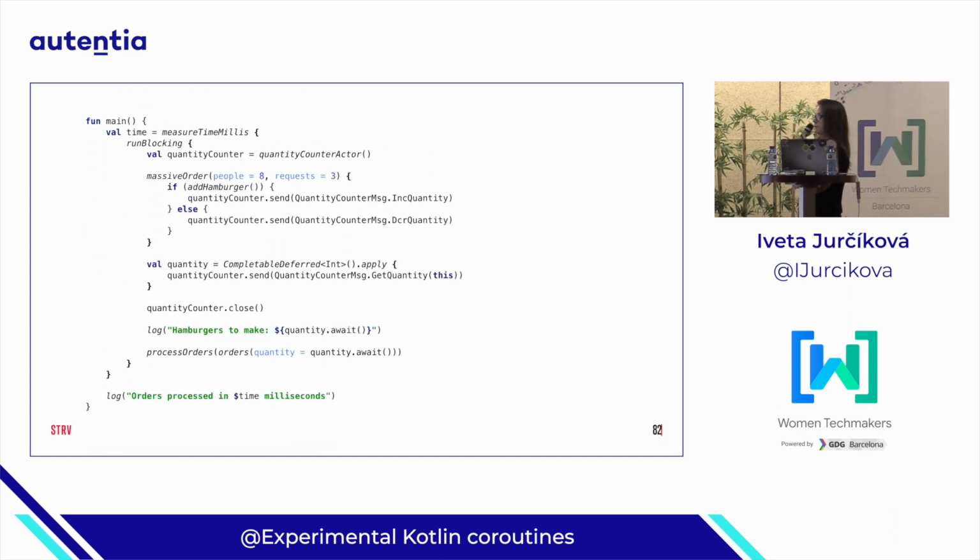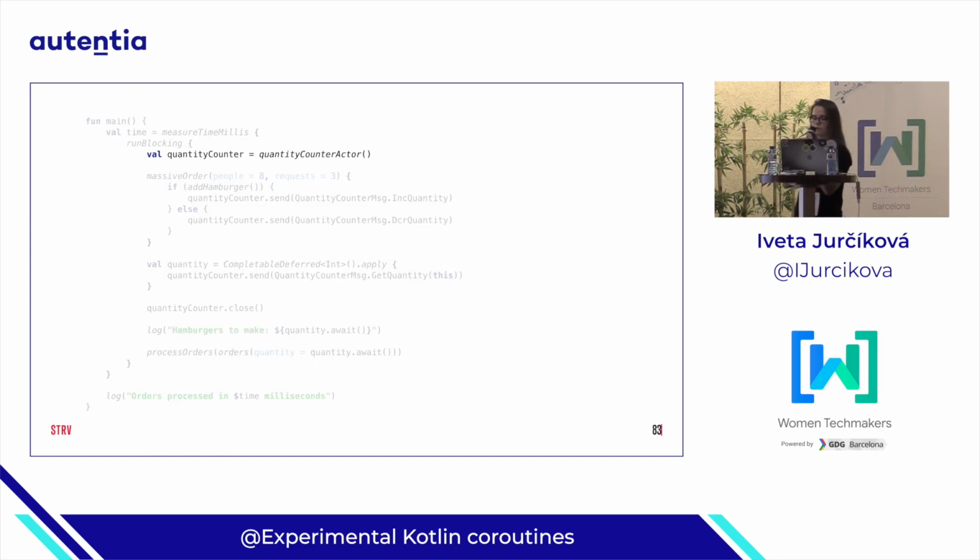The main code is then straightforward. We just create the quantity counter actor. We run a massive order with 8 people where each person can ask 3 times to either create an order or cancel an order. We get the final number of orders.